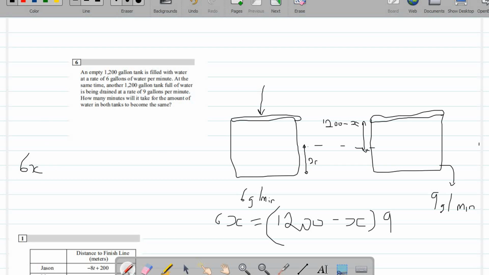1,200 times 9. And you do that, you'll be having, let's solve over here. We'll be having 6x is equal to 1,200 times 9, which is 10800, minus 9x.